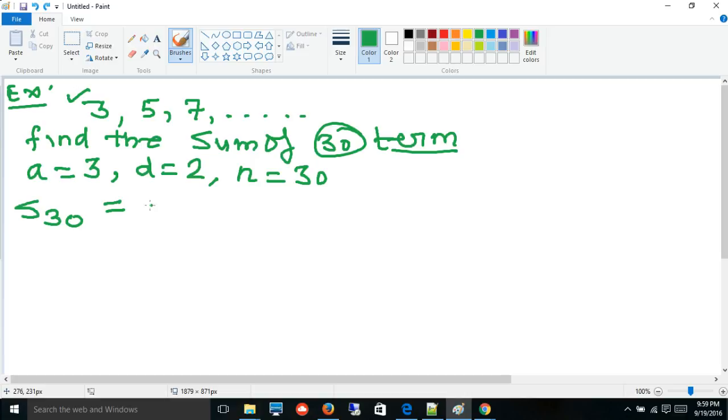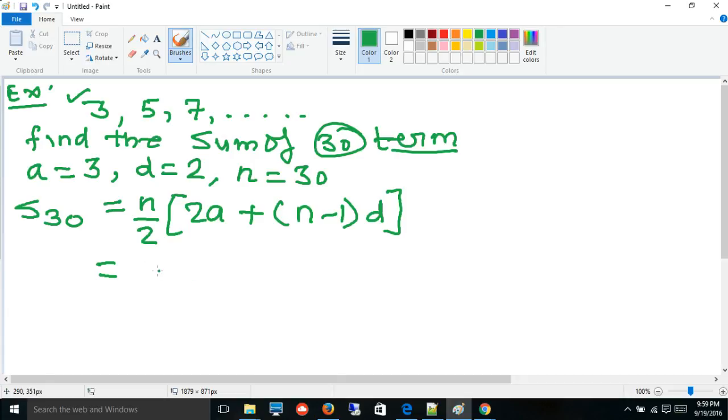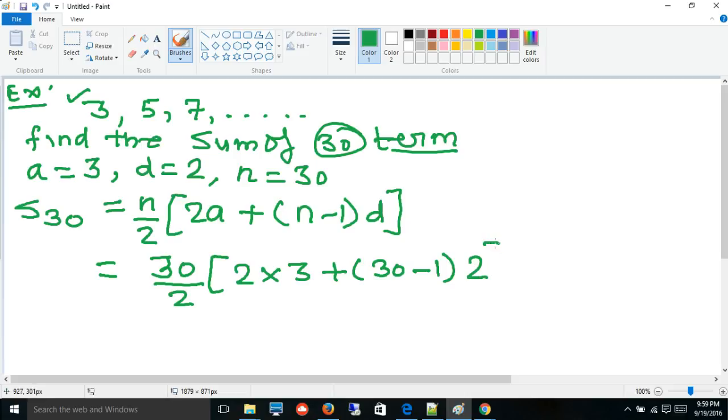S of 30. So what is the formula? We know the formula: n by 2, 2a plus (n minus 1) into d. So just put in the values you have. The value of n is 30. So 30 divided by 2, (2 into 3 plus 30 minus 1 into 2).